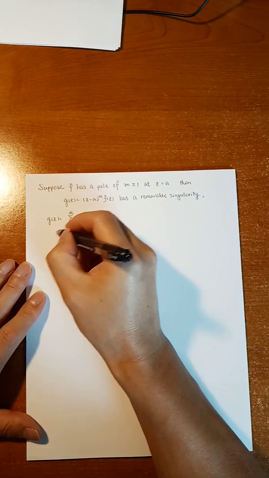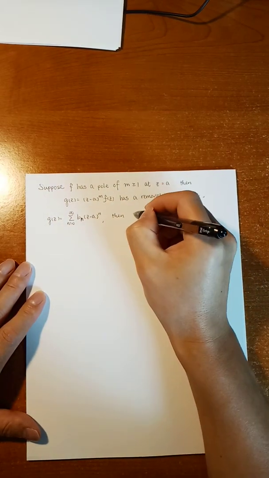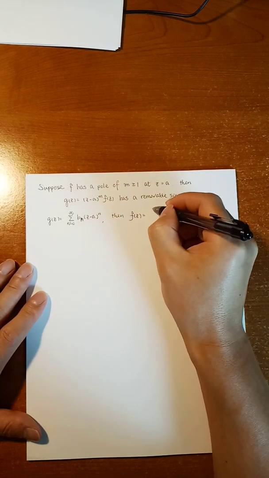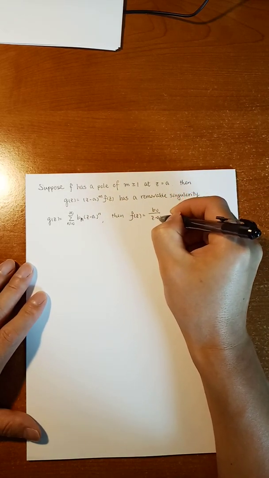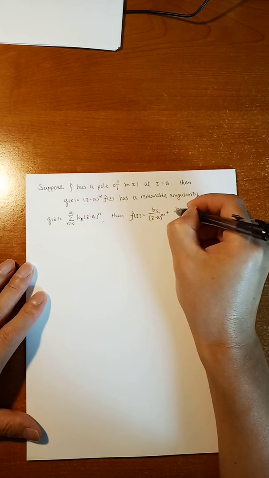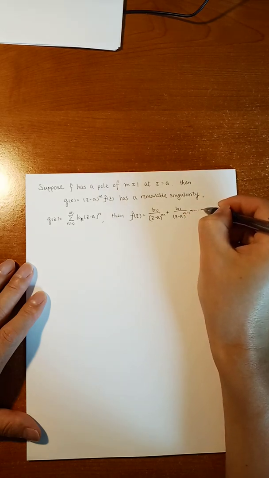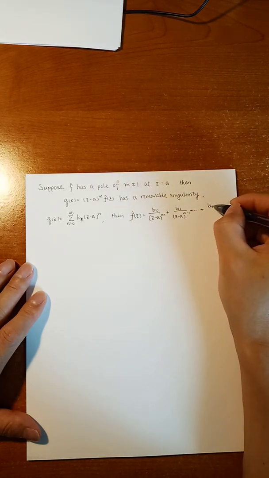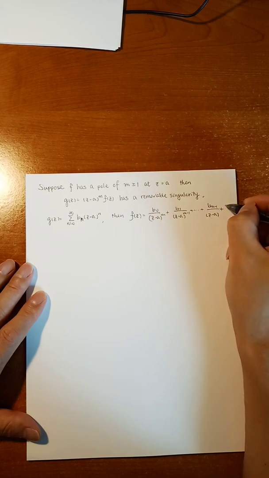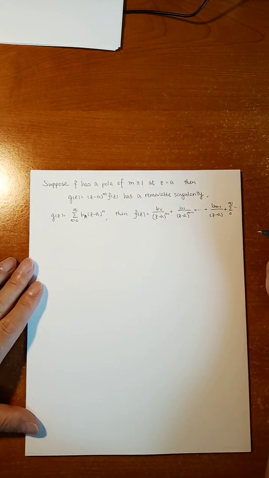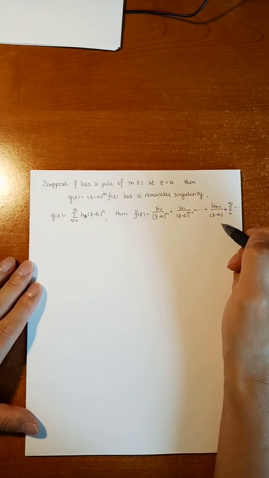And then from here, we have f of z equal to what? f of z is equal to b0 over z minus a to the m's power, plus b1 over z minus a to the m minus 1, until bm minus 1 over z minus a to the power 1, and then plus the power series starting from 0 to infinity. All right. Okay, so this is also the Laurent expansion.